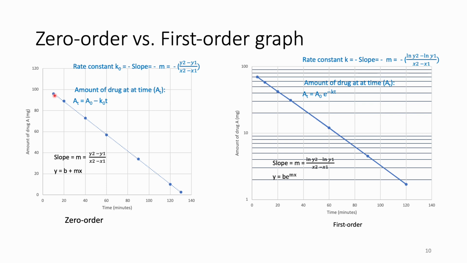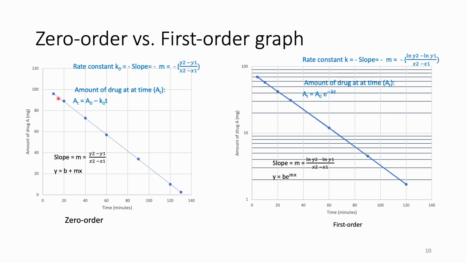Alright, so after we have data from each time point, each point here is associated with a time and a drug concentration. When you link the points together and plot first in the rectangular coordinate, and the line is a straight line like this, the drug is considered to follow zero order elimination.